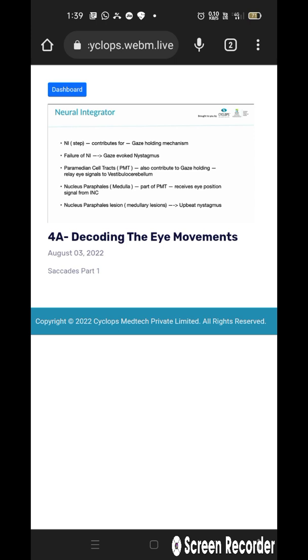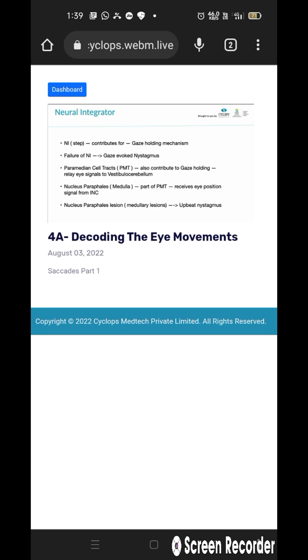Why? Because the nucleus paraphilis receives a position signal from the interstitial nucleus of Cajal for the vertical gaze holding, and if there is a lesion over there, you can expect an upbeat nystagmus.